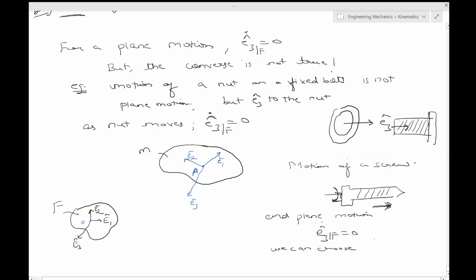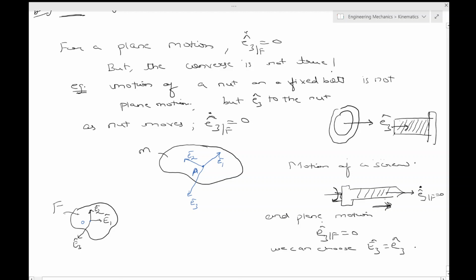E3 equal to big E3. See, if this is the axis along which this is moving, this will always be equal to 0, and hence if this particular thing is always 0, we can choose it in such a way that it coincides with the E3 of the F frame.